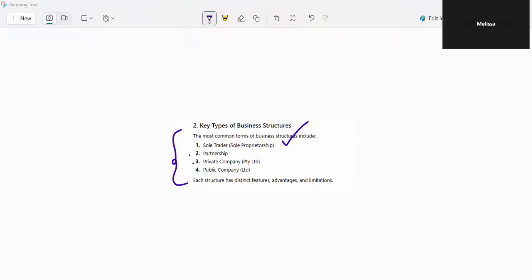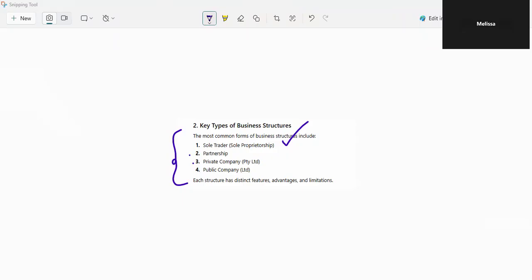A partnership is an entity that is run by two individuals. One of the major advantages of a partnership is that, unlike a sole trader, there's more skill available because there are two people, and capital as well.